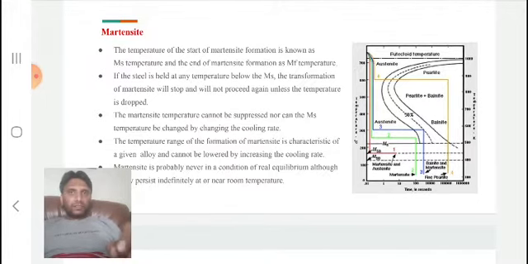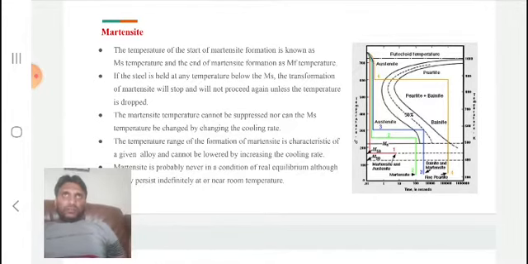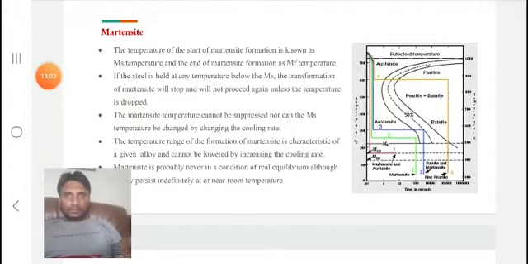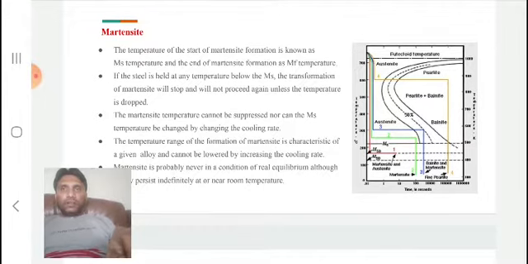So that means a partial formation of bainite, and martensite is formed. So the martensitic structure is obtained from austenite based on the cooling rate.